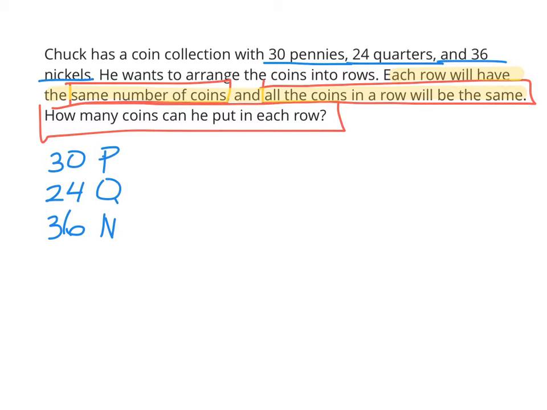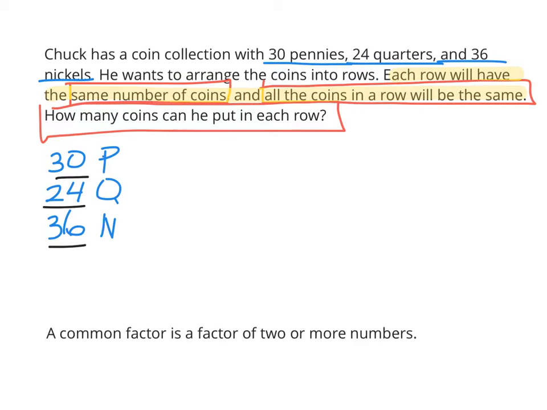Okay, so what can we do in order to solve this problem? Well, we can make a list to find all the factors of 30, 24, and 36. Then we could use the list to find the common factors. A common factor is a factor of 2 or more numbers.